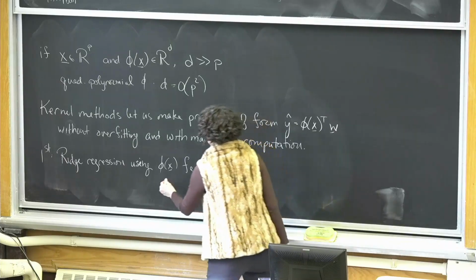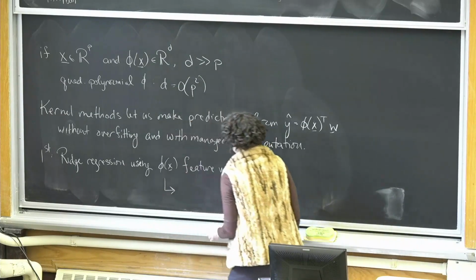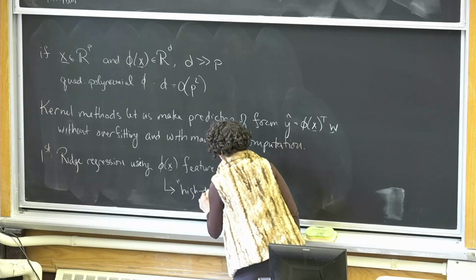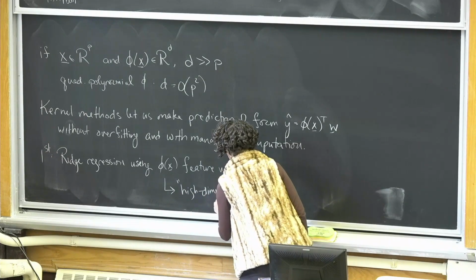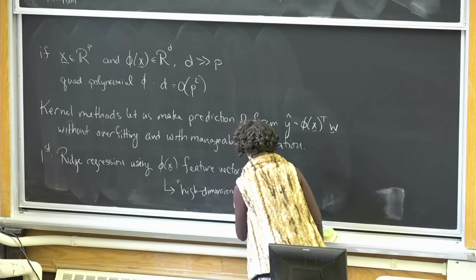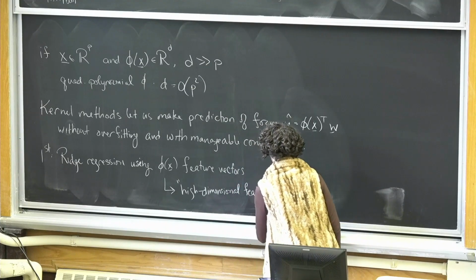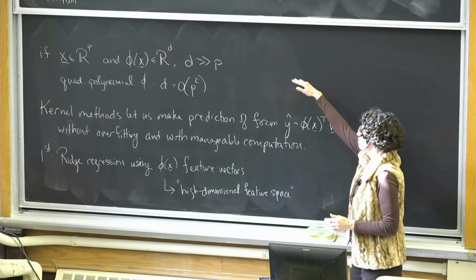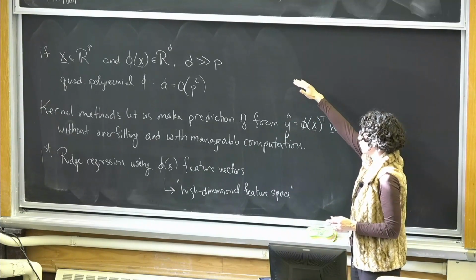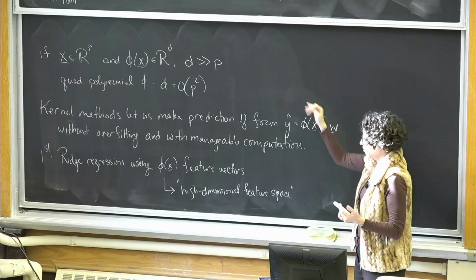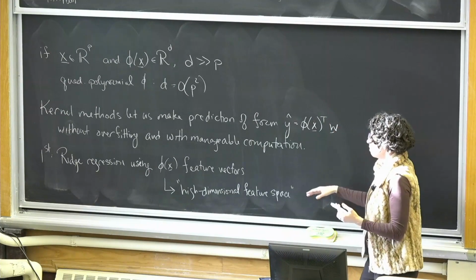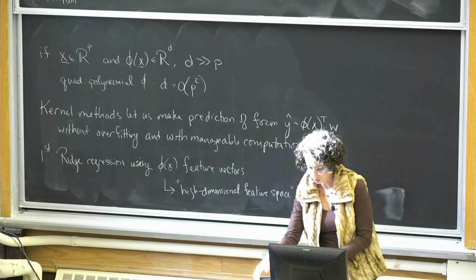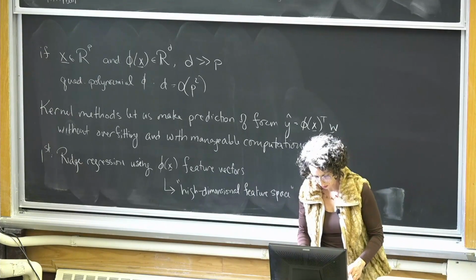And typically, when we talk about these phi of x's, we'll refer to them as being in the high dimensional feature space, because often the dimension after this phi mapping is much, much bigger than our original dimension. So we think about phi as mapping our original features to some new high dimensional feature space.